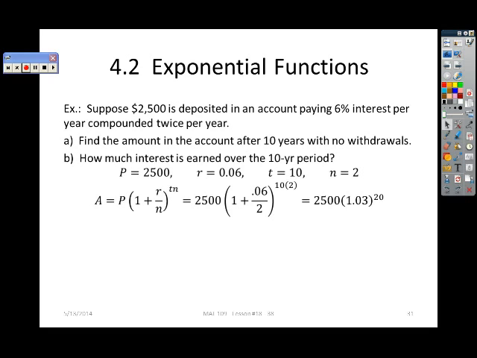And our N is how many times per year it is being compounded. This says twice a year, so N equals 2. T is how many years. T is always in years. N is always how many times per year. R is always interest per year. So this says for 10 years, so T is 10. Plug those numbers in, do the calculation.